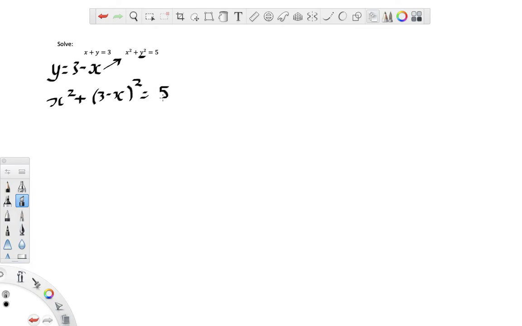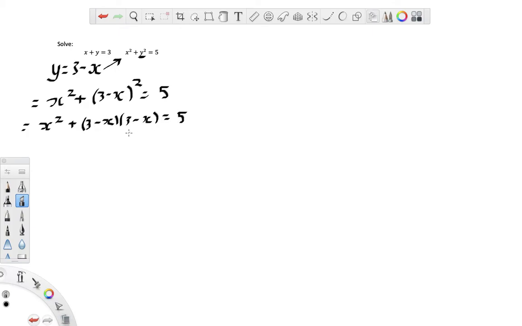Now we just need to tidy this up a little bit so that we can solve for x. So how do we do that? Well, this is equal to x squared. Then we've got to expand this bracket, so I'll write this like so: 3 minus x, 3 minus x, and that's all equal to 5.